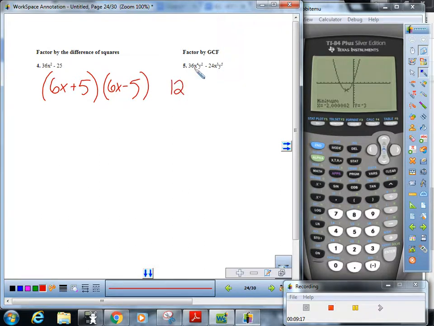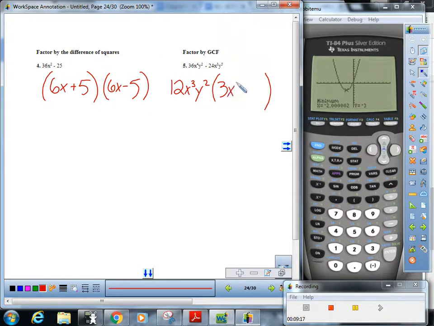This one has x to the 4th. This one has x to the 3rd. So we pull out the biggest that both of them have, which is x to the 3rd. This one says y squared, and this one says y to the 5th, so we pull out a y squared. Now we have a parentheses. 12 times what is 36? X cubed times what is x to the 4th?